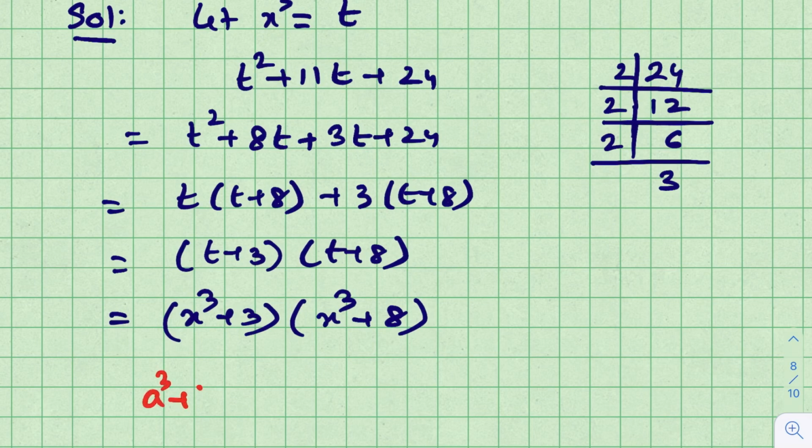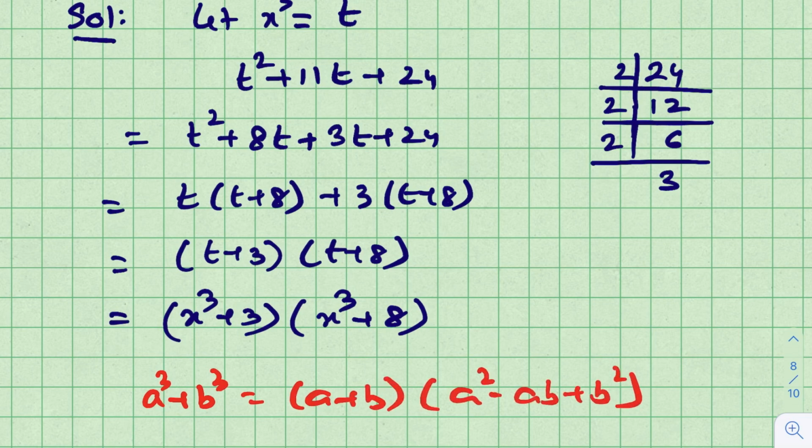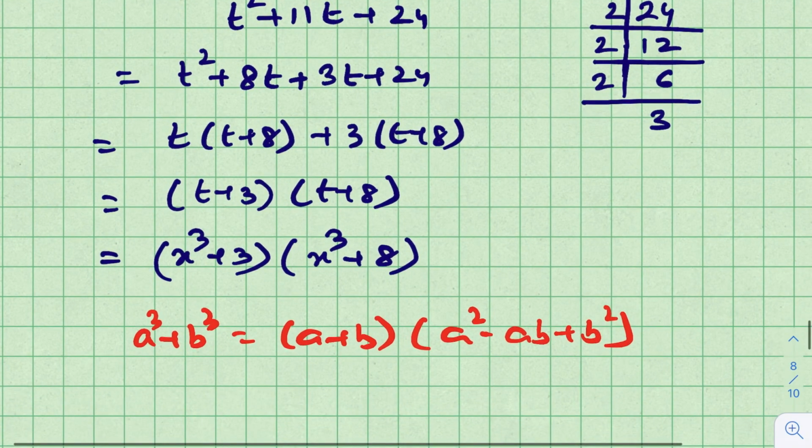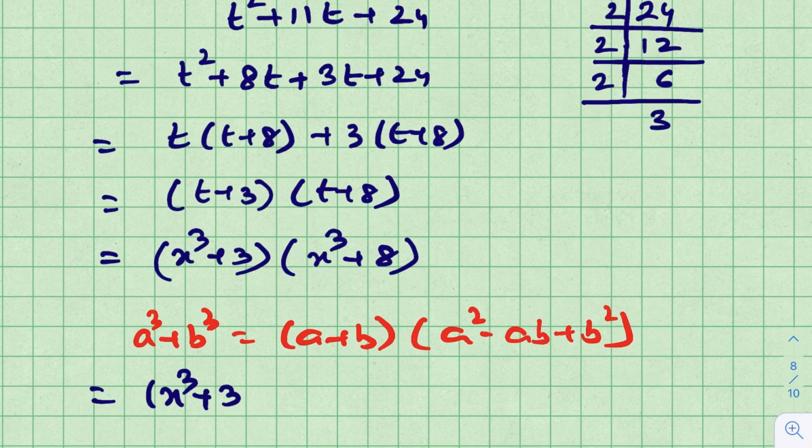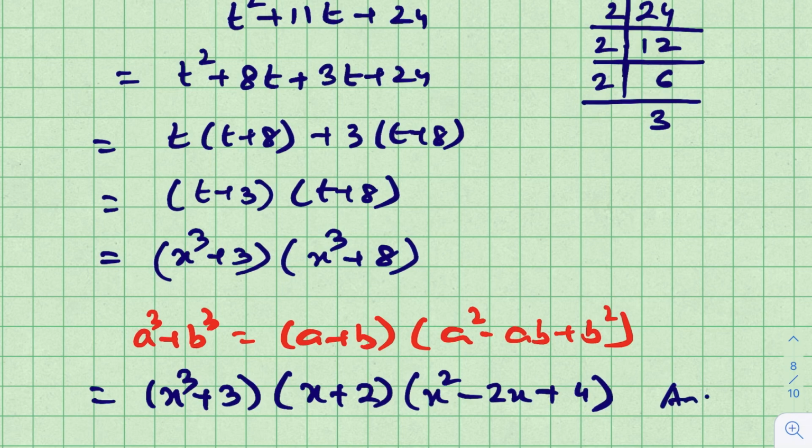We know that a cube plus b cube is a plus b into a square minus ab plus b square. So we will go one more step down and write the final answer with x plus 2. 8 is 2 cube, so I can write x plus 2 into a square minus ab plus b square. So this is the final factorized form. If you want, you can factorize this also, or you can leave it as it is.